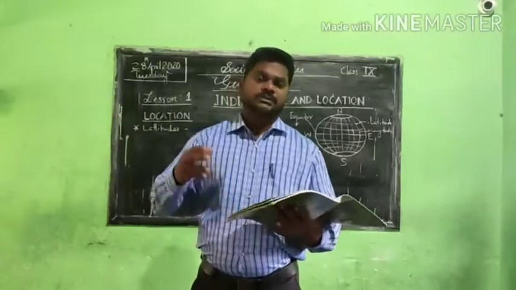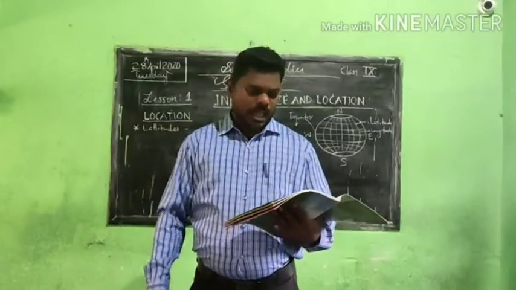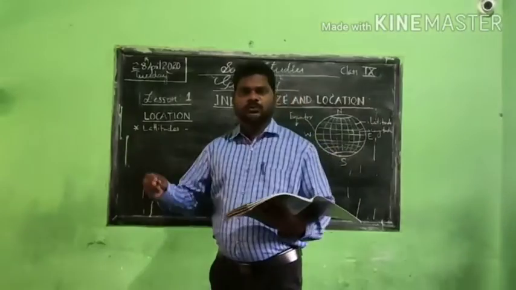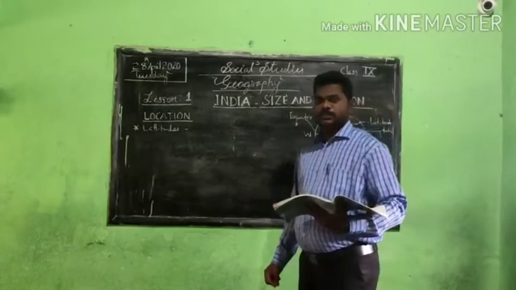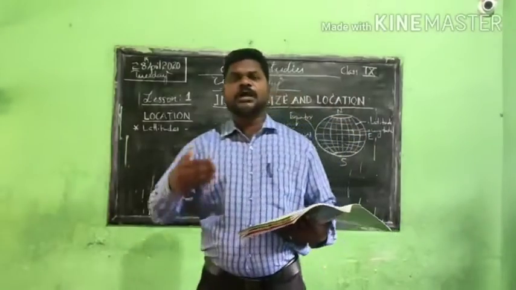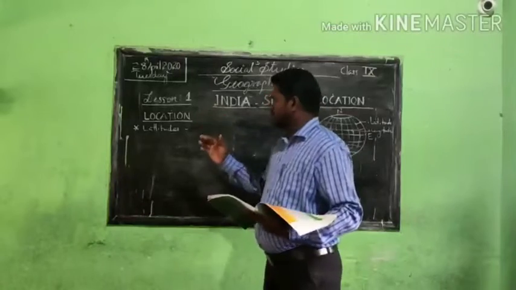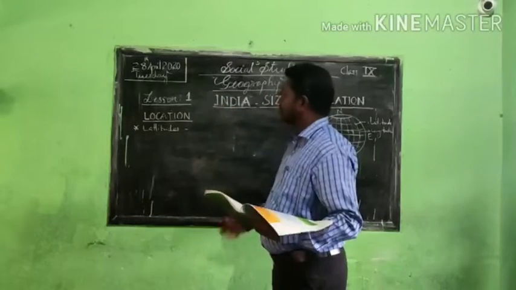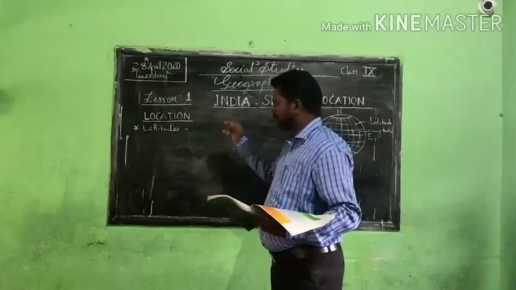And you know that when we compare with other nations, India is also almost developed. And now through this lesson we are learning about India's size and location. So first of all you have to go to the first topic, that's location. India's location worldwide, where India is located on the world map. About that we are learning from this lesson.